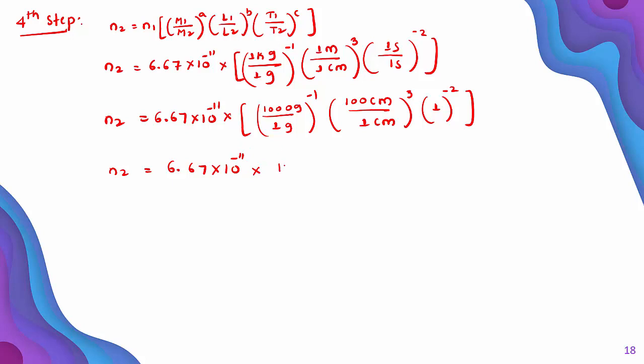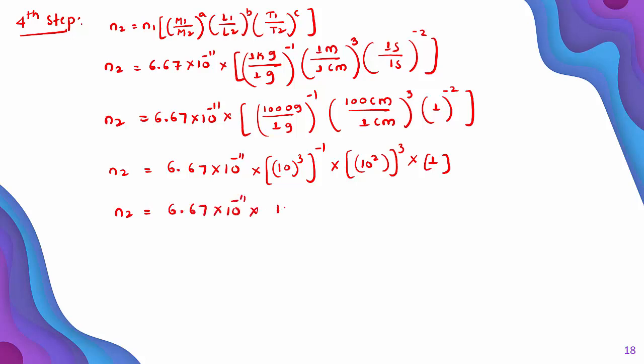So 1000 means 10 raised to how much? 3. 10 raised to 3 whole raised to minus 1, into 100 centimeter raised to 3, that is 10 raised to 2 whole raised to 3, into 1 raised to minus 2 will be again 1. Or we can write N2 equal to 6.67 into 10 raised to minus 11 into 10 raised to 3 into minus 1 will be minus 3, into 10 raised to 3 2s are 6, into 1.